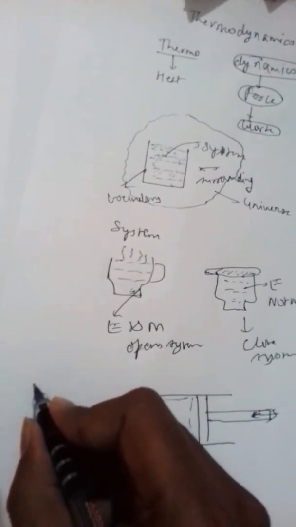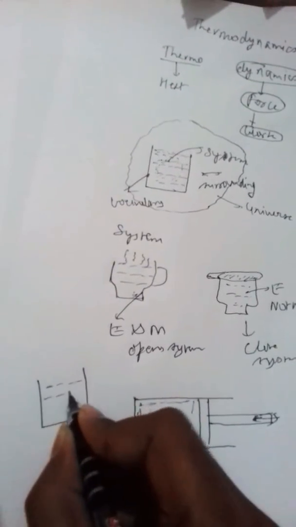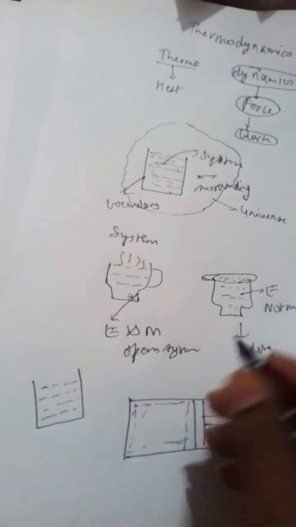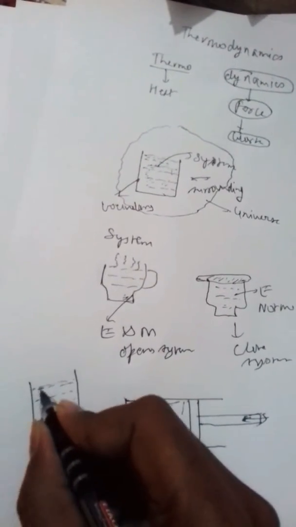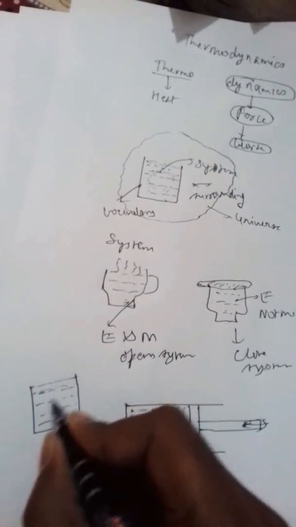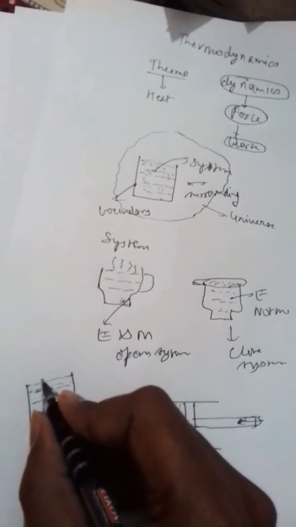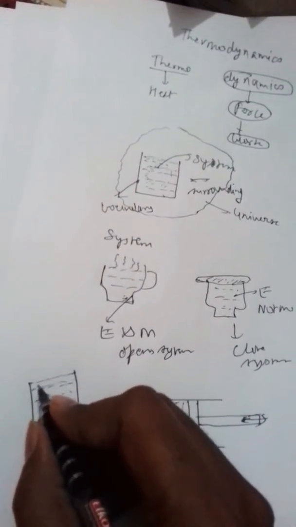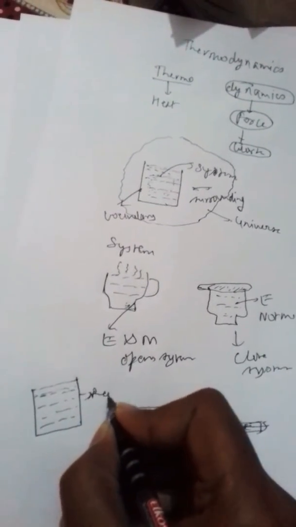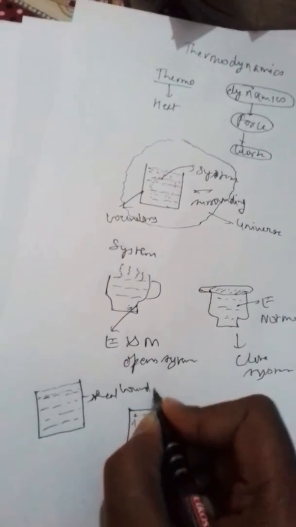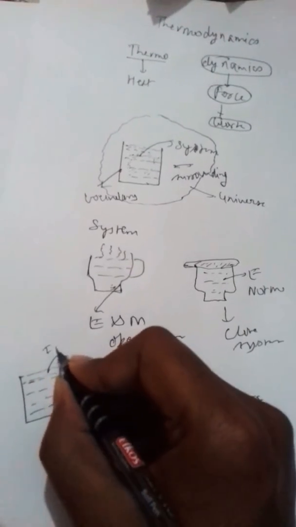Another one, suppose I am having a glass and whatever system is there. If we are seeing this fluid up to this level, we must assume that the glass is the practical boundary and here something is an ideal boundary. So this is a real boundary, what you are observing here, and this one is an imaginary boundary.